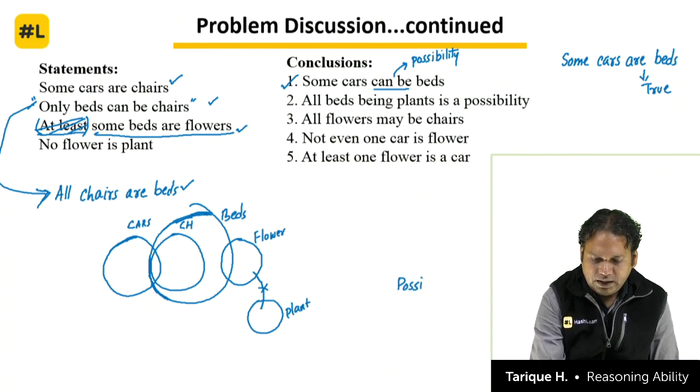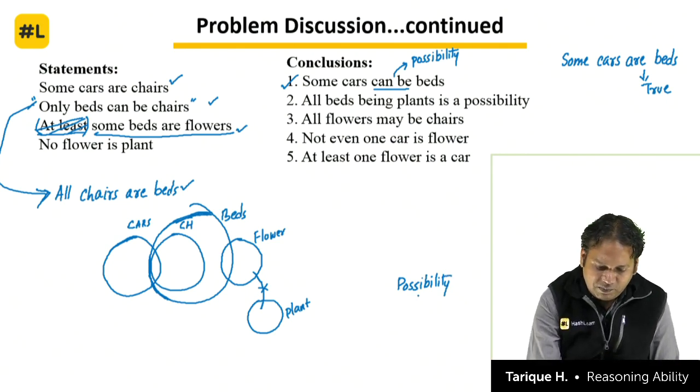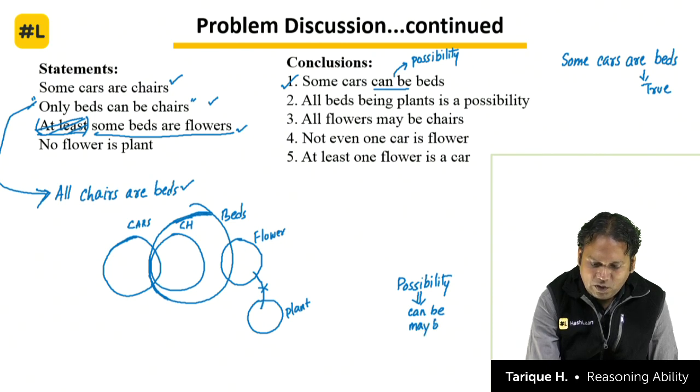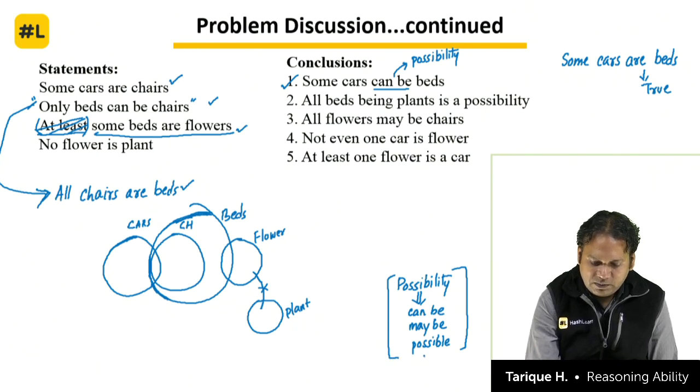If there is a valid conclusion that we know for sure is true, then any of the possibility based words like can be, maybe, or even the word possible makes a true statement false.